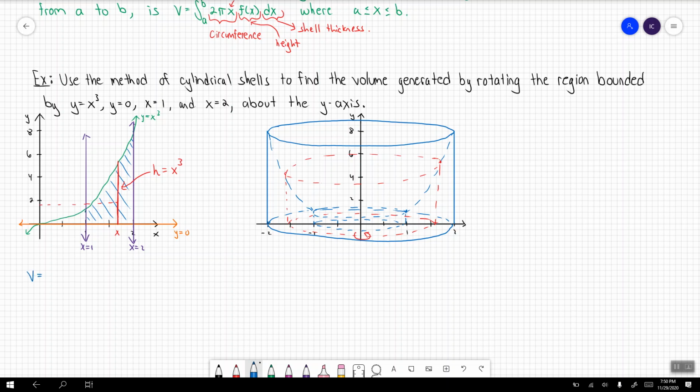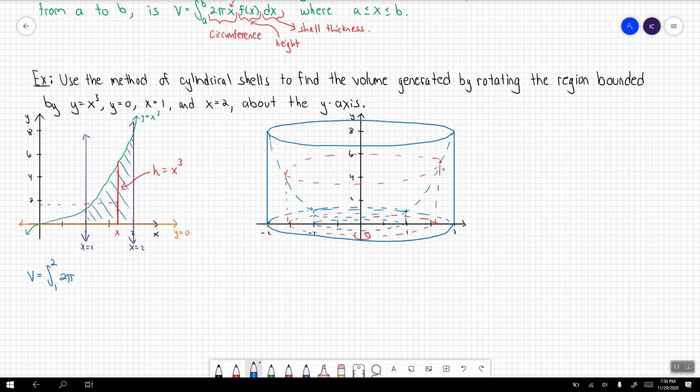To find the volume for this figure using the method of cylindrical shells, you go to the region that you started with that is bounded. That region is bounded between the x value of 1 and the x value of 2. Then we need the circumference of the shell.